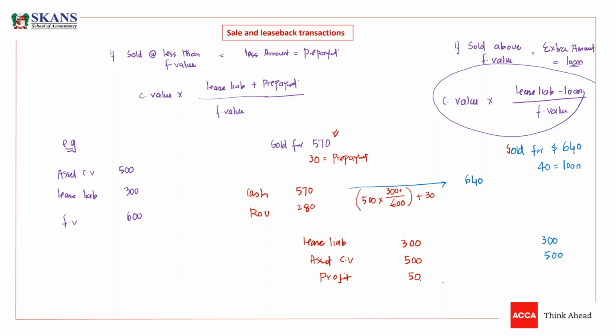Now we need to calculate this. We need to apply the same formula, but with a little change: 500 multiplied by lease liability, which is 300, and we deduct the 40 loan from this, and divide it by 600. So it is actually 260 divided by 600, guys. What would be the carrying value? 217?